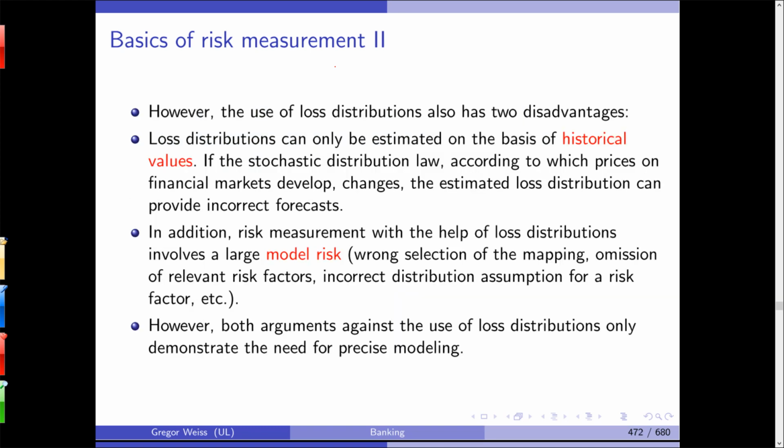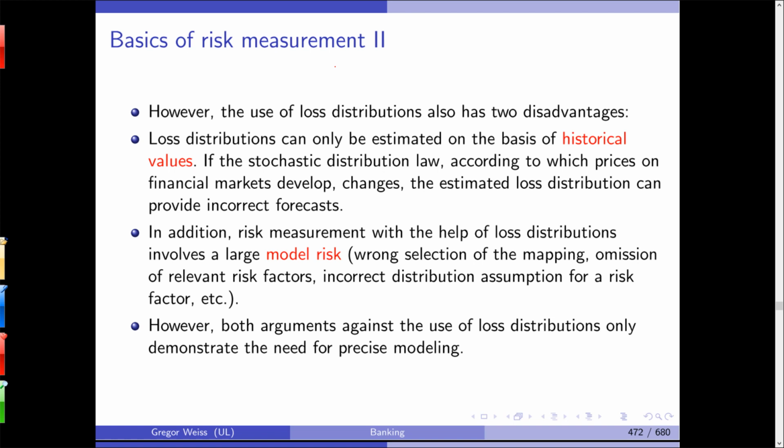However, you have two disadvantages when it comes to risk modeling using distributions. First of all, you can assume a lot. You can assume your losses to be normally distributed. You can assume them to be Student's t distributed. That's fine, but that doesn't have to reflect reality. In order for your statistical model to reflect reality, you need historical data to calibrate that model.